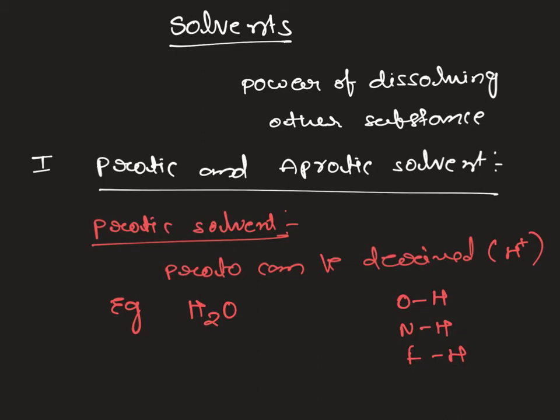The bond polarization will take place toward the more electronegative side and H plus is derived. Water is an example. Ammonia and HF are also examples of protic solvents. So the solvent from which a proton can be derived is called a protic solvent.